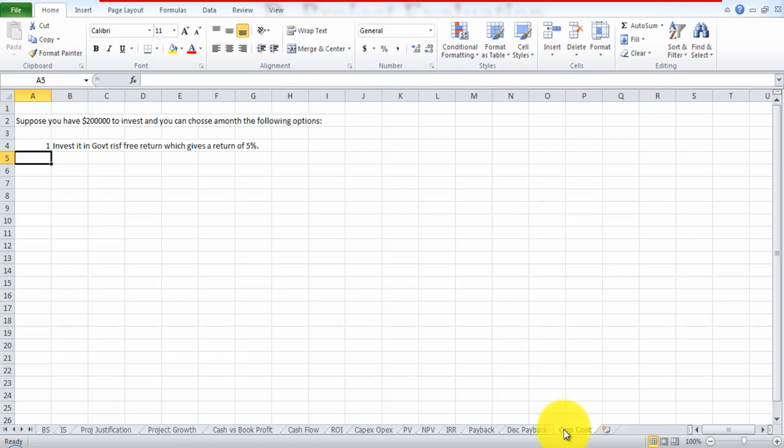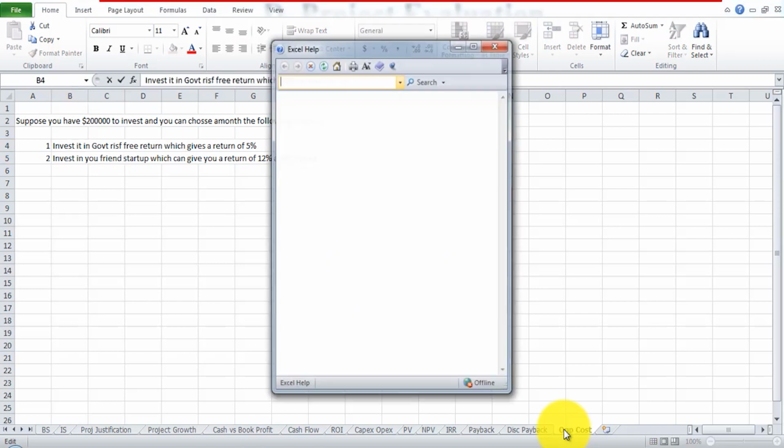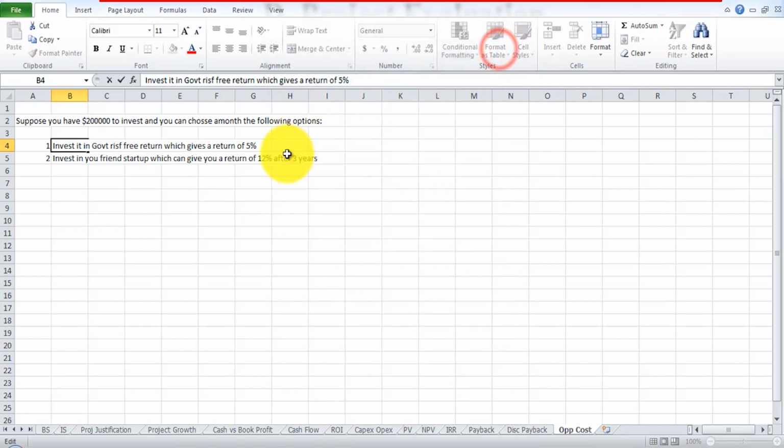The other is that your friend has approached you to invest in his startup, which can give you a return of 12% per annum for 3 years.